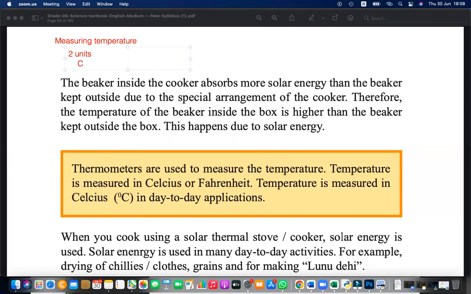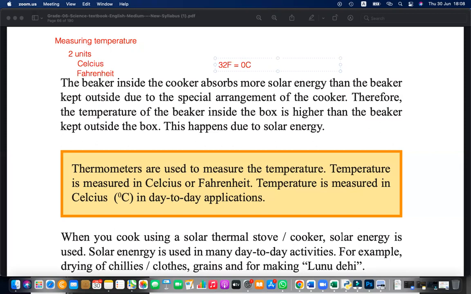One is Celsius, the other one is Fahrenheit. Those are the two measurement units that we can use. And 32 Fahrenheit is equal to 0 Celsius.